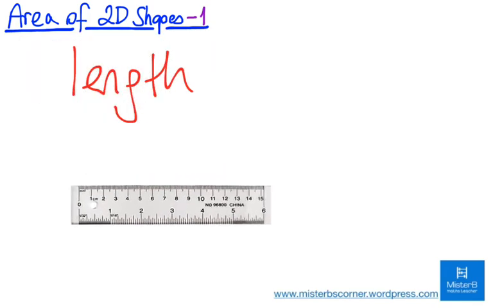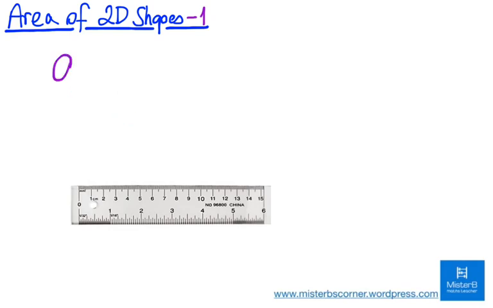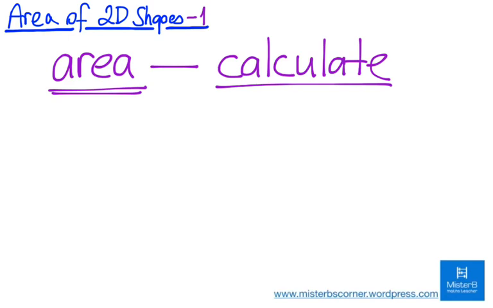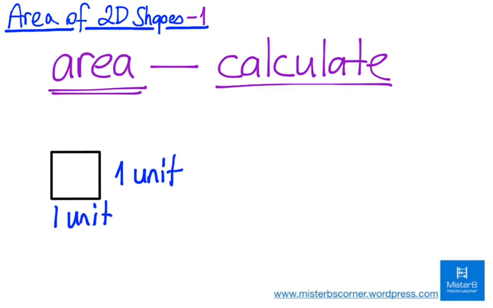However, when it comes to area, there is no measurement tool. When we're talking about area, we have to calculate that value. And this is very important because we have to know the definition of area to be able to calculate it. So basically, we start defining 1 unit per 1 unit square, right?